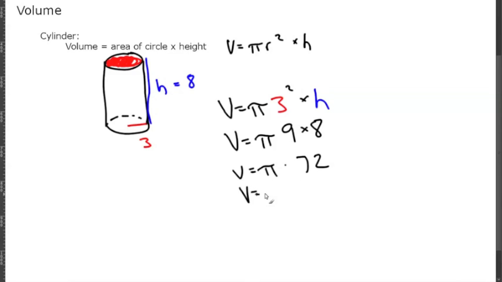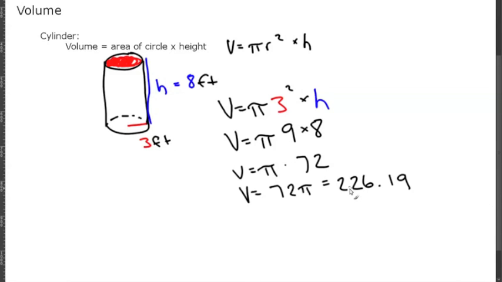So your volume is equal to 72 pi, or doing that out on a calculator, you're going to get 226.19. Let's say that I gave you these measurements in feet.